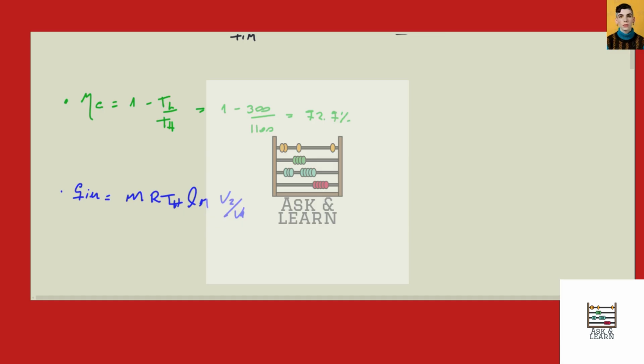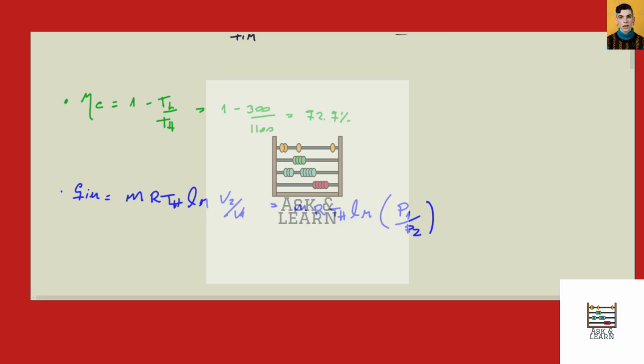So the problem is we do not have the volume 1, nor the volume 2. So we can use the ideal gas law and change this to m R TH natural log of P1 over P2. Okay, that is much better.